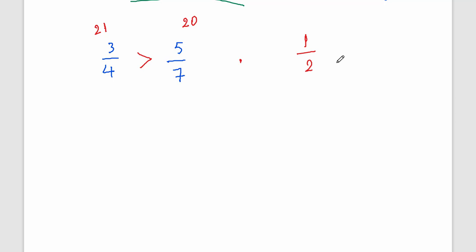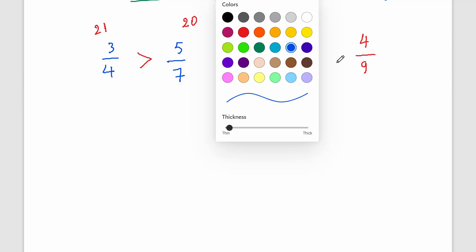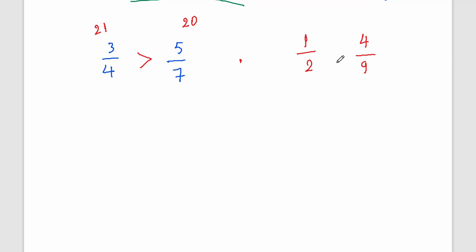Let's do this again. 1/2 and 4/9. Again, take every denominator and multiply it by the other numerator. Take the 2 and multiply it by the 4. 2 multiplied by 4 equals 8.